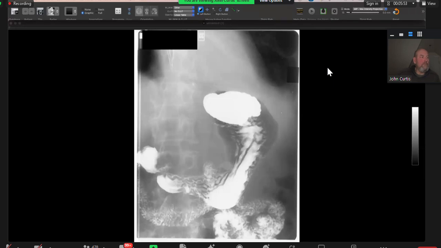The retrocardiac area appears to be not as clear. What's this thing here? I think this is the left lower lobe collapse. Yeah, there's a retrocardiac opacity.